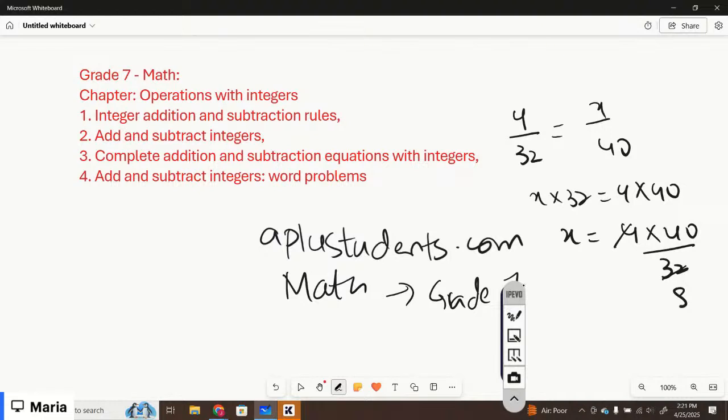If you don't know, you can simply use the calculator. 4 times 40 is 160. So 160 divided by 32 equals 5. So that means you have to work 5 hours to earn $40. Got it?